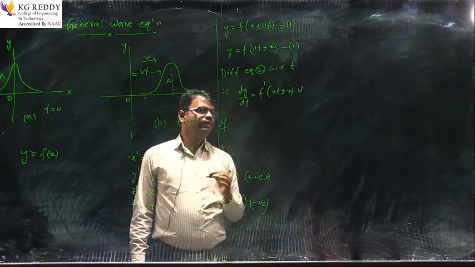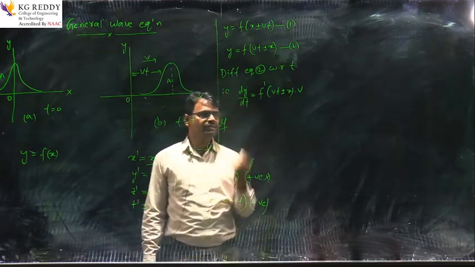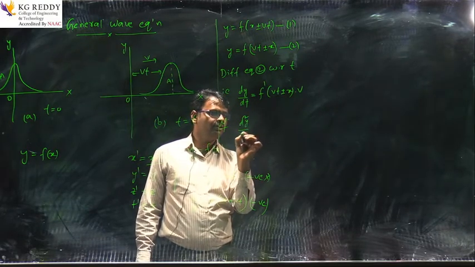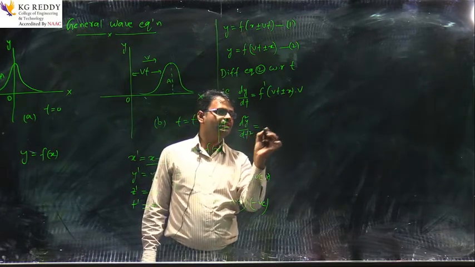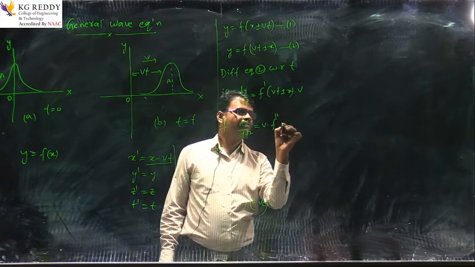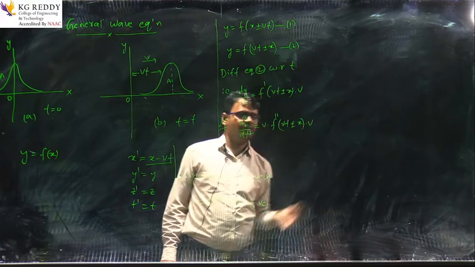Similarly, once more we differentiate with respect to t, that is d square y by dt square, which is equal to v into f double dash of vt plus or minus x into v.